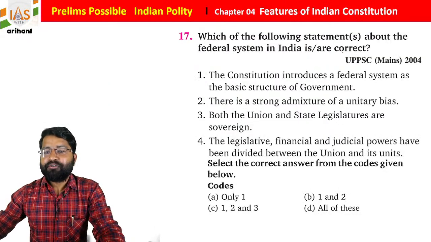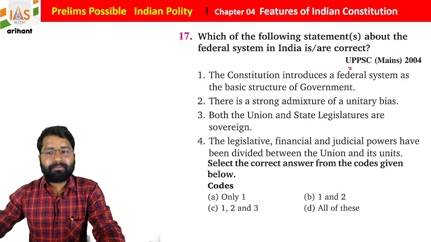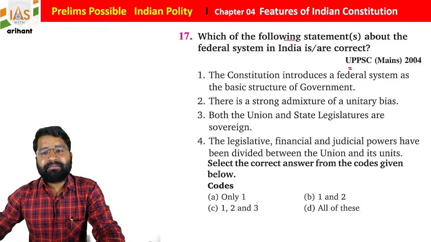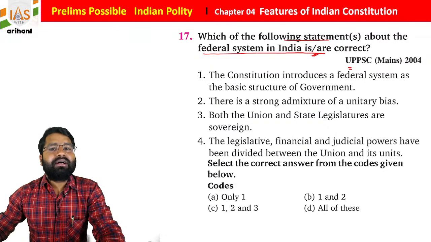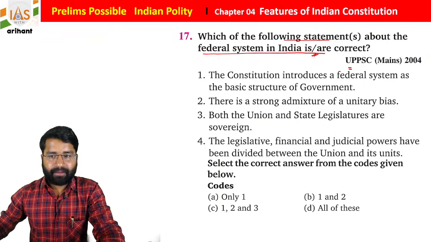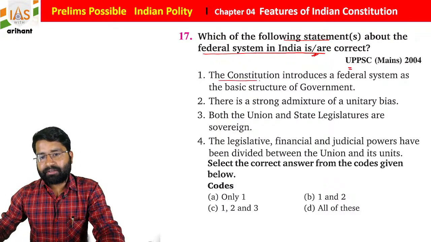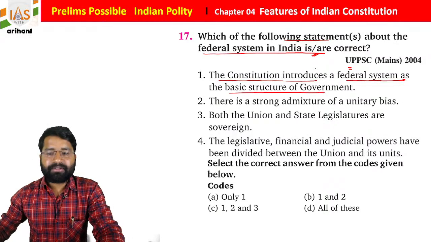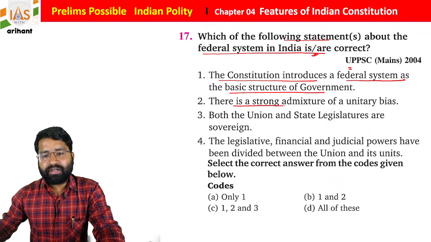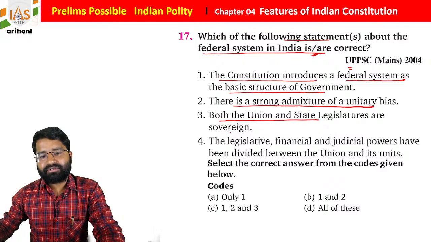UPPSC 2004 question paper, and here are the statements given about the federal system in India, and you have to choose which is correct. Okay, the Constitution introduced a federal system as the basic structure of government. There is a strong admixture of a unitary bias. Both union and state legislature are sovereign.